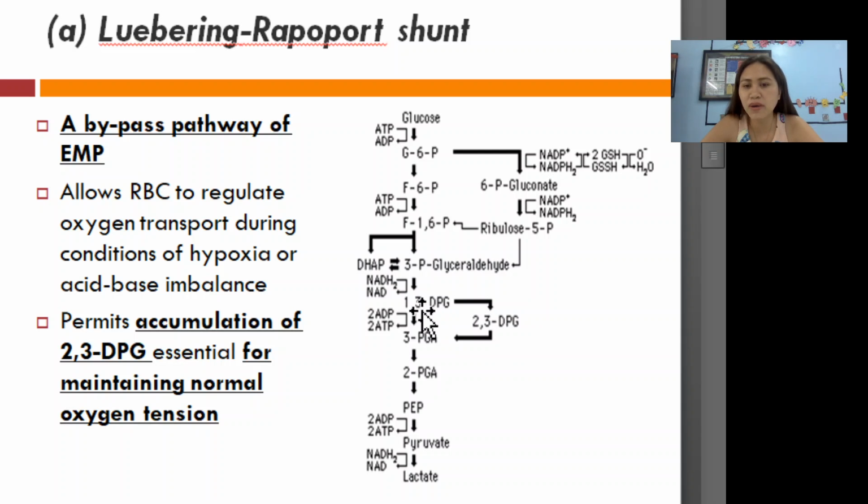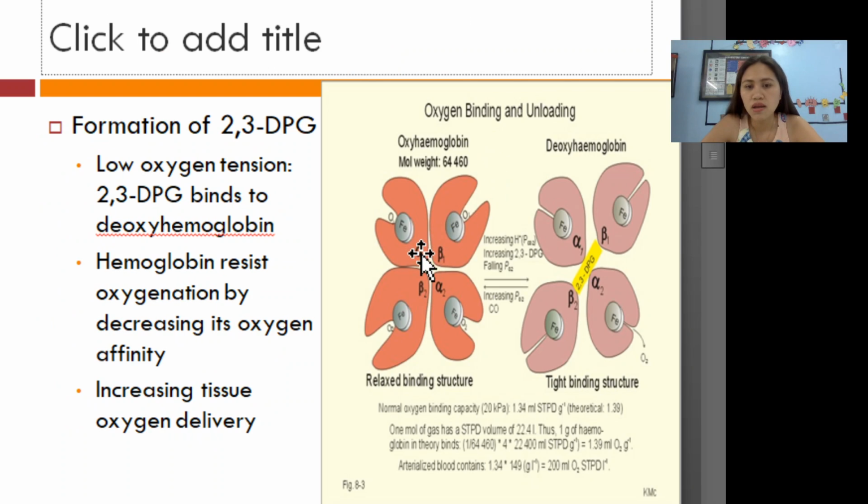So, like for example, in this picture, 2,3-DPG must be produced, must be accumulated in this part here in order for the hemoglobin to release the oxygen. Otherwise, if wala tong 2,3-DPG, dili niya ma-release ang oxygen.